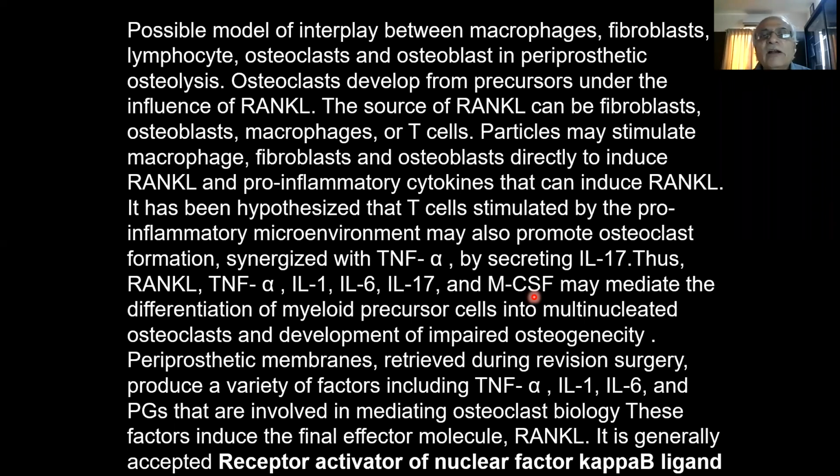These are the cytokines. They are going to damage the bone. They may mediate through a differentiation of myeloid precursors into multinucleate osteoclast-like giant cells and development of impaired osteogenesis.